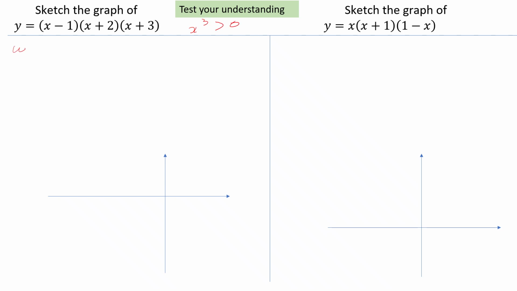So when x equals 0, y equals minus 1 times 2 times 3, which is minus 6. So the coordinate is (0, minus 6).